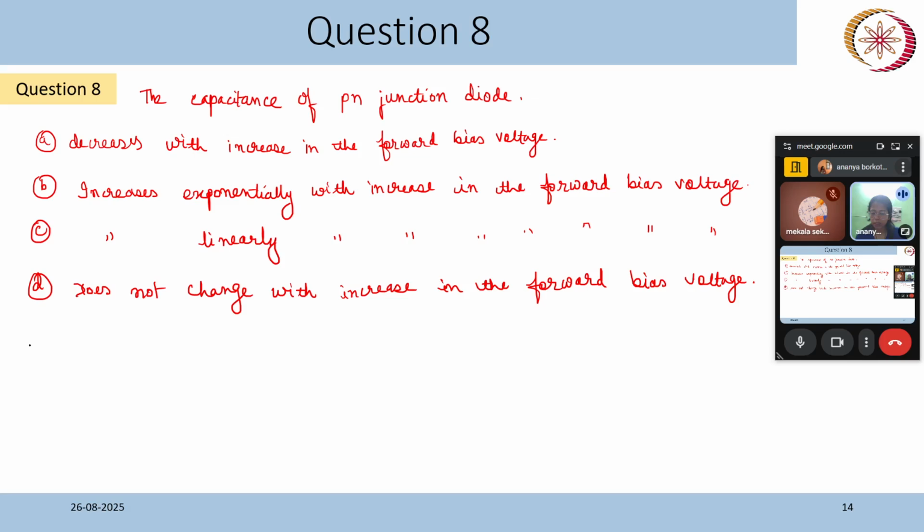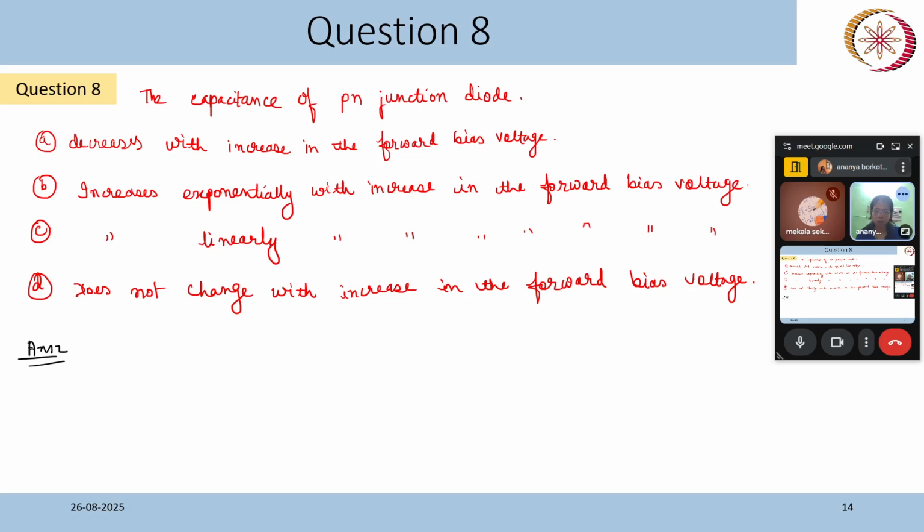So, what is the correct answer? What do you think? See, this you can see. Okay. See, we are considering. Actually, the correct answer is B.